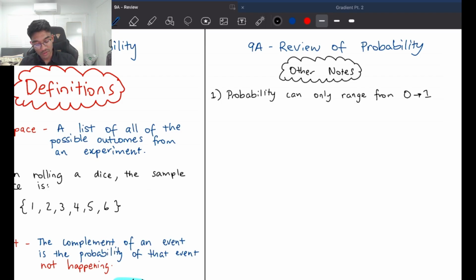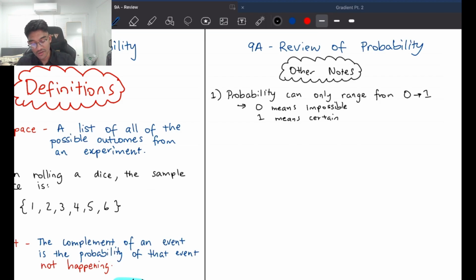When we're talking about probability, 0 means it's impossible, and 1 means certain. So if I said, what's the probability of rolling a number from 1 to 6 on a dice? Well, we can only get from 1 to 6 on the dice, so our answer is going to be 1, which means it's going to happen.